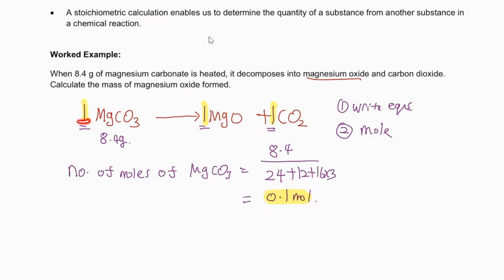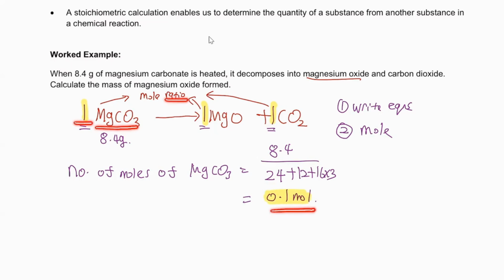You see the 1 at the front here? I want you to put a little note here. This number has a meaning. We call it the mole ratio. Now, what do we mean by mole ratio? Think of it like a very simple math question. It simply means that 1 ratio of MgCO3 is 0.1 mole.